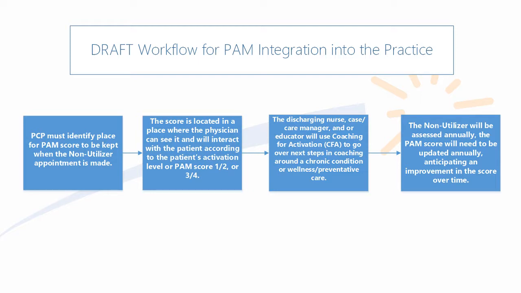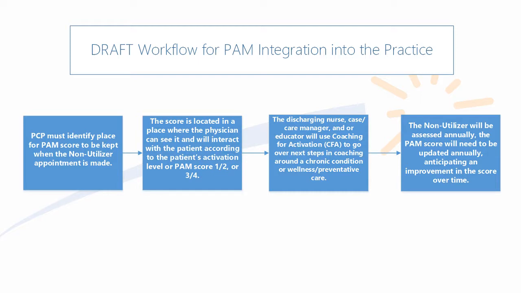4, so that when this person goes in to see their primary care physician, the physician would see a 1, 2 or a 3, 4, and based upon whether they're in that category 1, 2 or 3, 4, the interaction between the physician or PA or NP would be associated with a low activated person or a higher activated person.